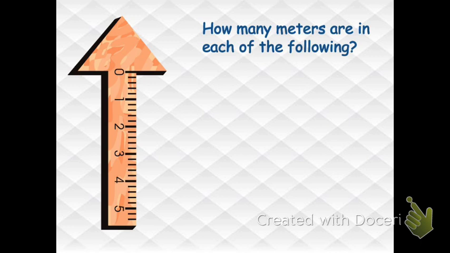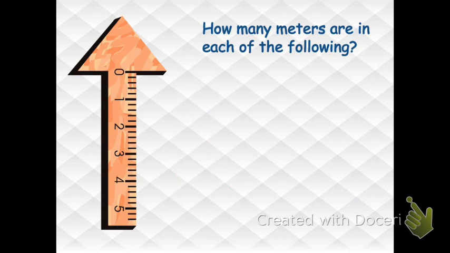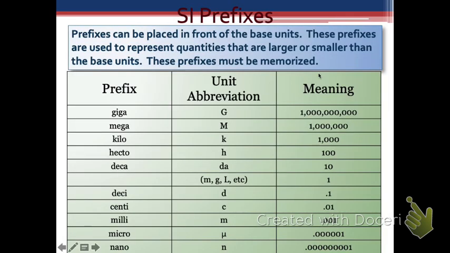So looking at your table and helping us decipher this, how many meters are in 1 gigameter? How many meters are in 1 gigameter? 1 million. Okay, how many? Look back at our table here. Maybe 100,000. This is 1 million.